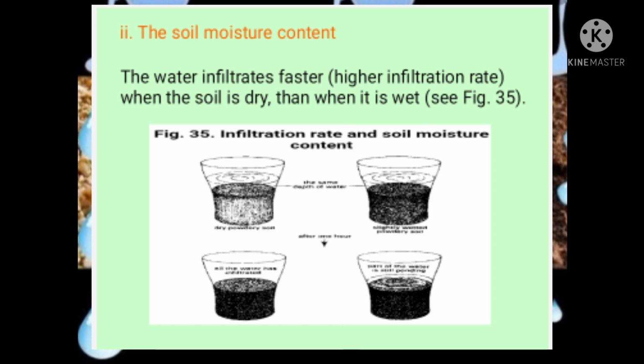Nilagyan sila ng parehas na tubig na after 1 hour ay pagkatapos ng 1 hour ay wala nang tubig sa coarse soil, dry powder soil.